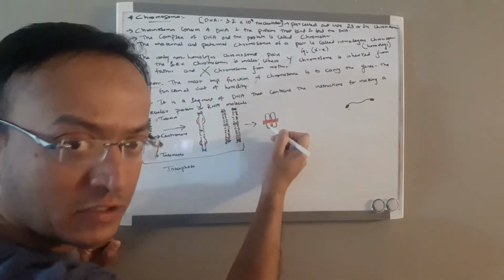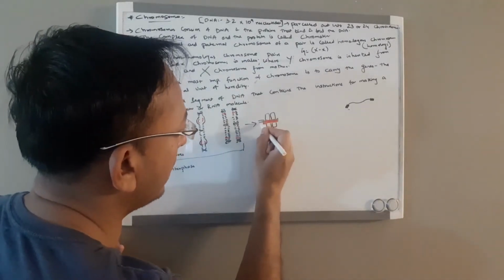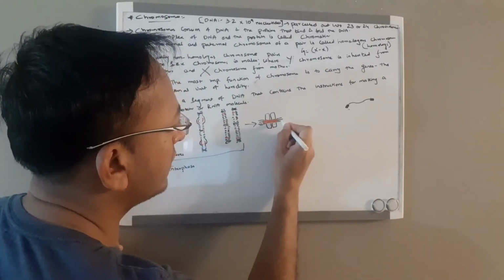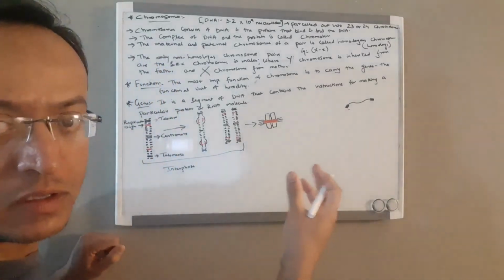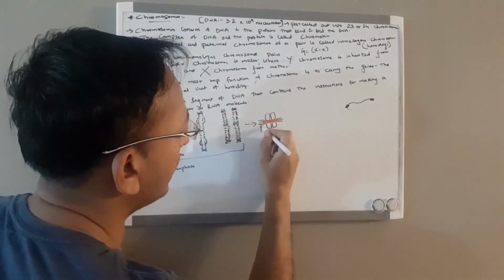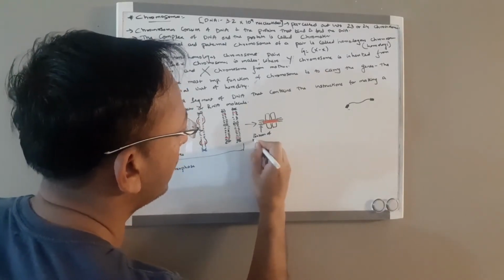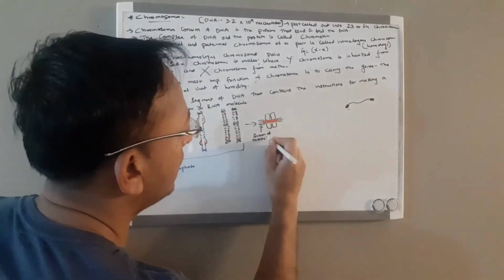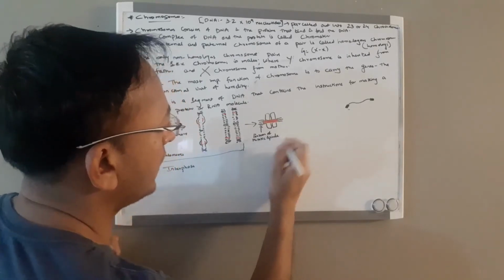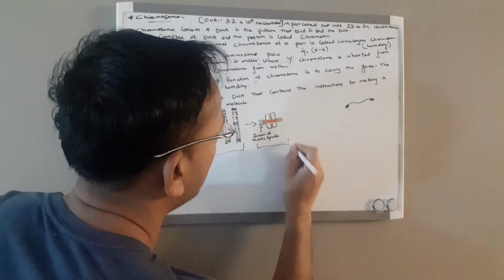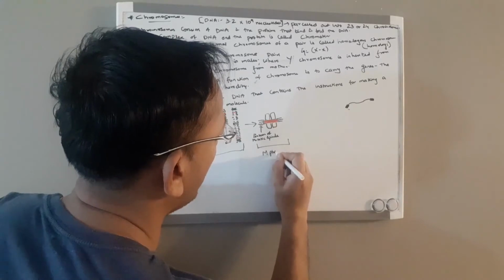Two sister chromatids, with our centromeres, and for example, these are the mitotic spindles that will pull. So I will write it down: portion of mitotic spindle, and this happens in the M phase.